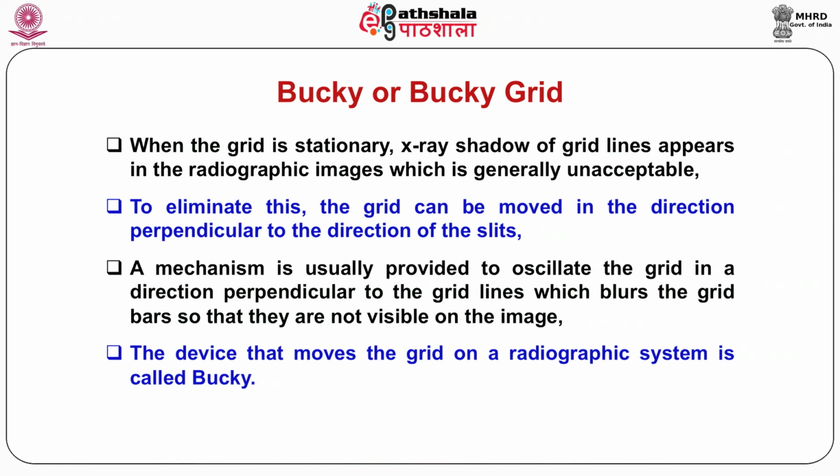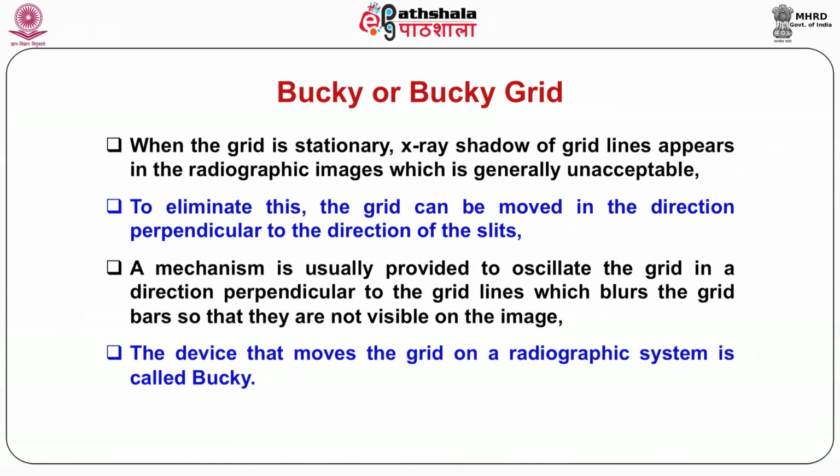When the grid is stationary, X-ray shadow of grid lines appears in the radiographic images, which is generally unacceptable. To eliminate this, the grid can be moved in the direction perpendicular to the direction of the slits. A mechanism is usually provided to oscillate the grid in a direction perpendicular to the grid lines, which blurs the grid bars so that they are not visible on the image.